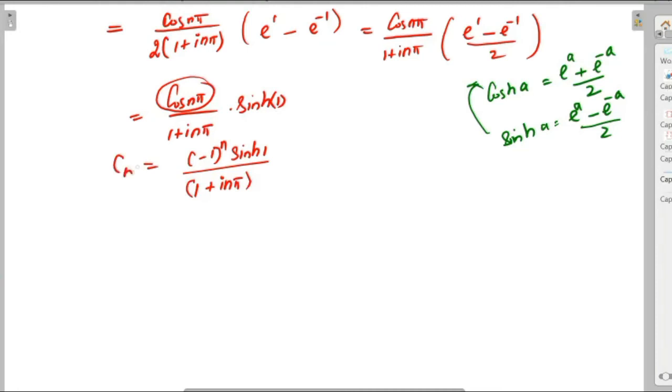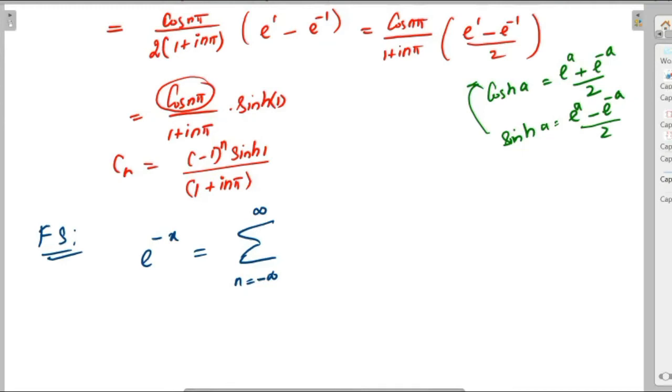This is Cn. Now I'm going to substitute Cn in the complex Fourier expansion. Therefore the Fourier series of that function e^−x equals summation n equal to minus infinity to plus infinity.